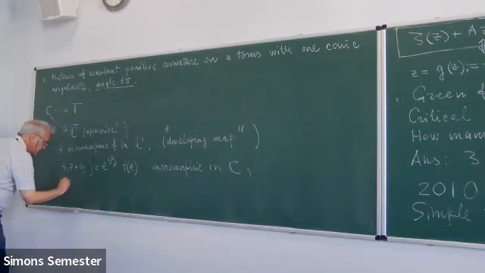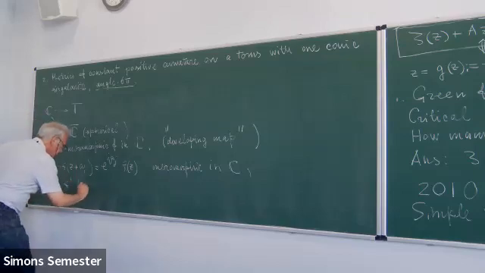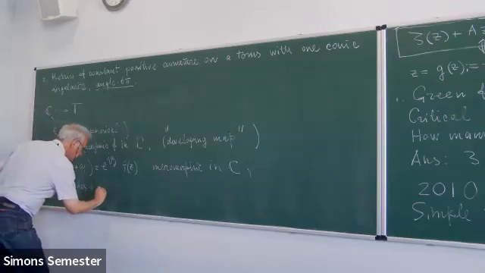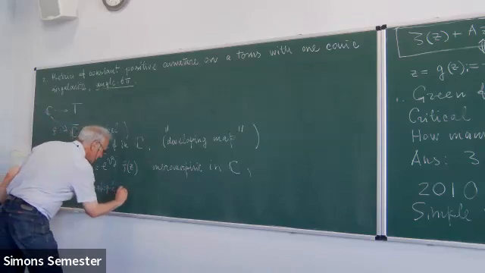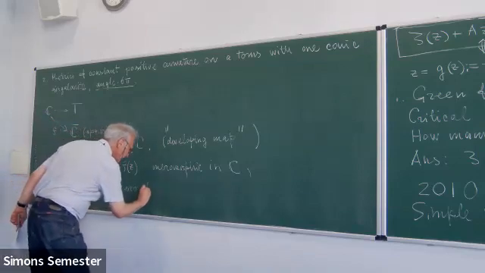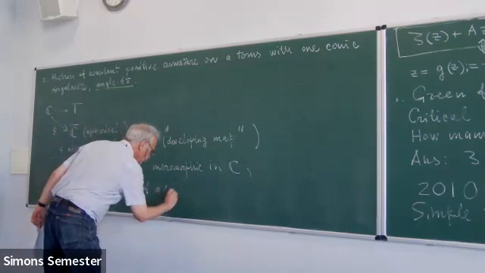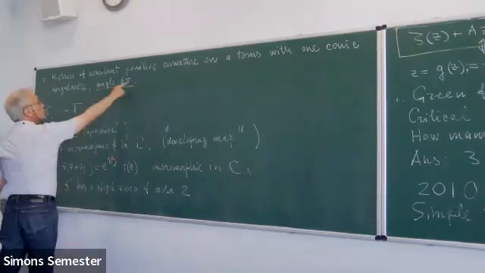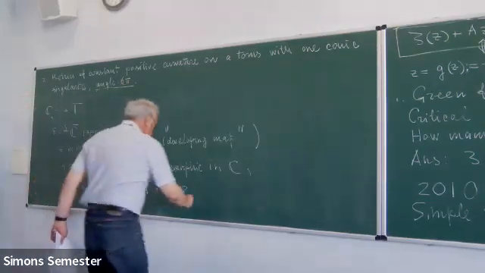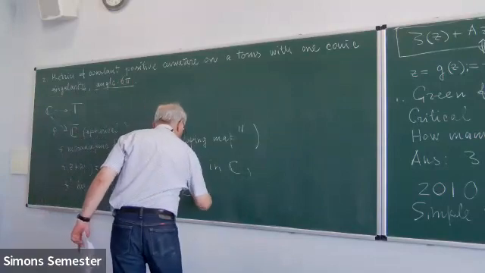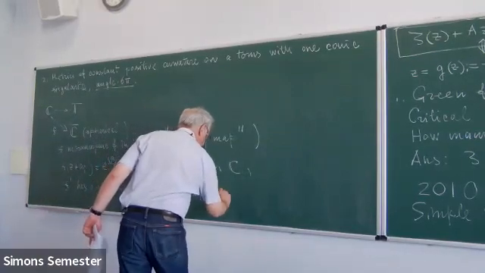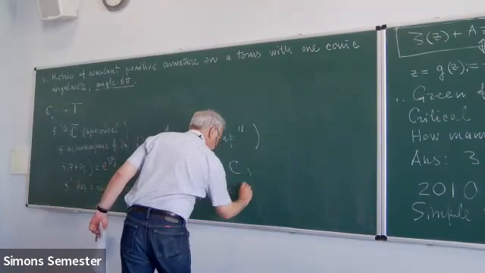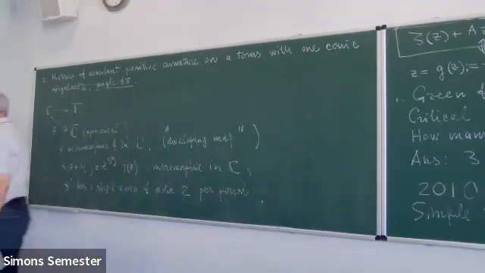So F prime has a single zero of order 2, which corresponds to the triangle, per period. Okay.